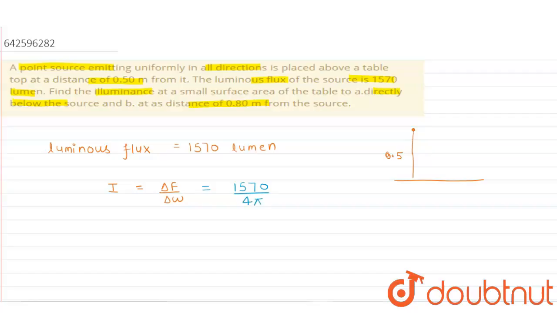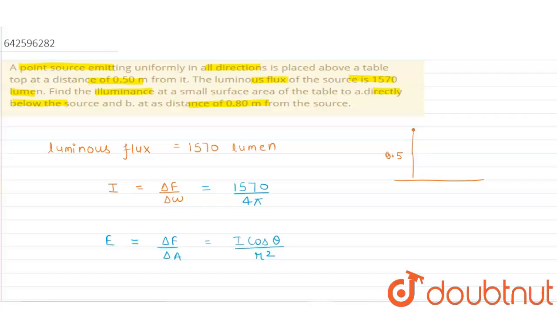So intensity is this. Now find the illuminance, that is E, and its formula is delta F over delta A, where A is area. So delta F is equal to I cos theta and area is R square.